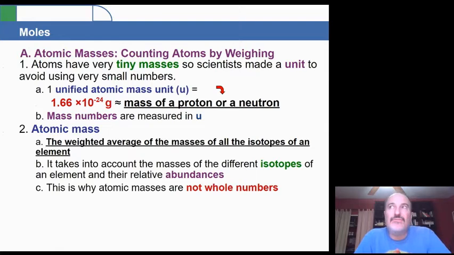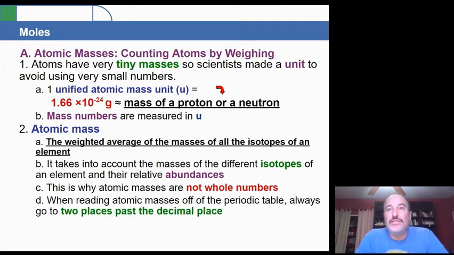Now, you could, for ease's sake, maybe round them off to a whole number, but that's not what we do in here. So basically, when reading atomic masses off of the periodic table, always go to 2 places past the decimal, so that carbon, instead of 12.011, you go to 12.01 when you read it.